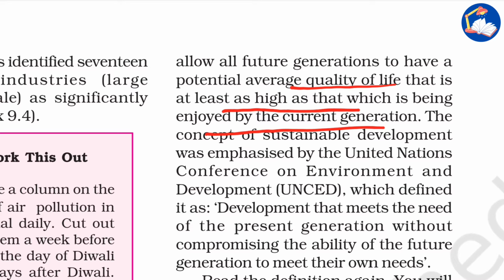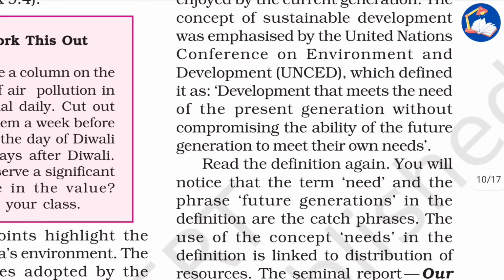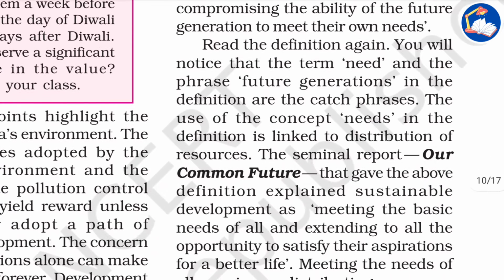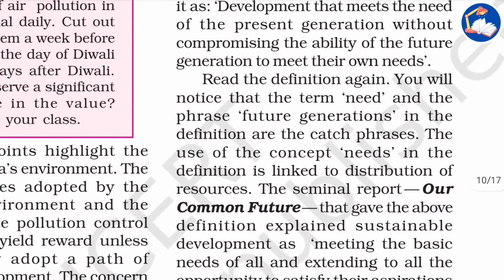The concept of sustainable development was emphasized by the United Nations Conference on Environment and Development, which defined it as development that meets the needs of the present generation without compromising the ability of future generations to meet their own needs.